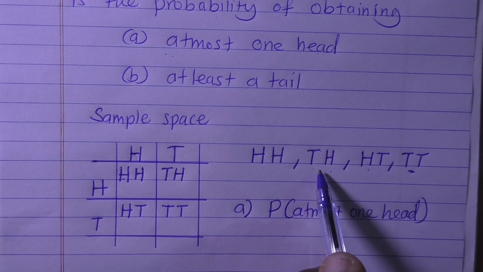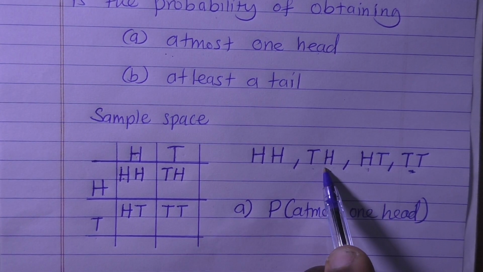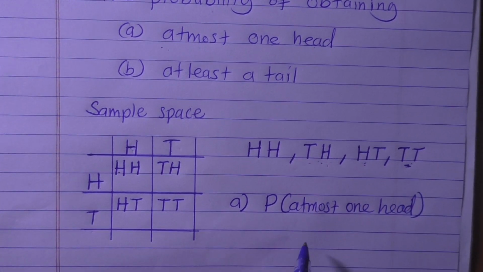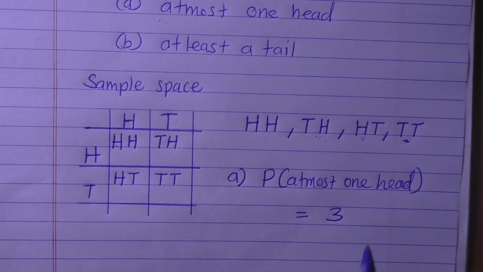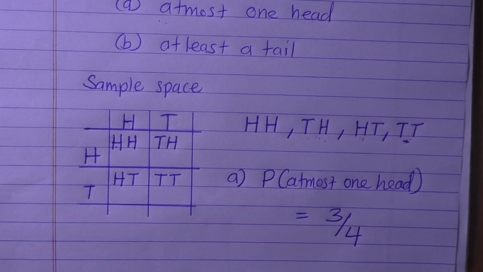So meaning that we are taking 0 head and 1 head. So this is 1, 2, 3. So that becomes the favorable outcomes are 3 out of the total 4. So that is the probability of at most one head. The word at most means maximum.